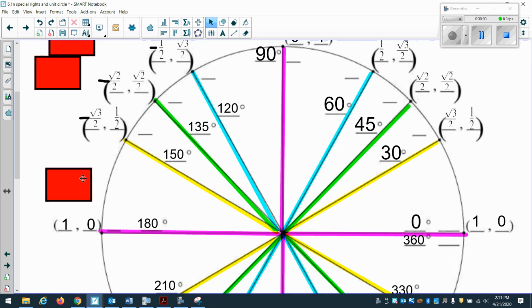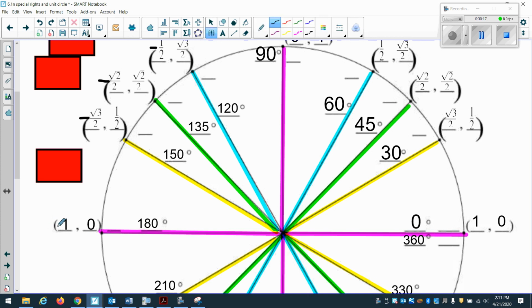Well, that's halfway around the circle. Well, I should have the same coordinate as 0 degrees and 360, but what's going to be different? Oh, since it's the left-hand side in the second and third quadrant, my x value is going to be negative as well.